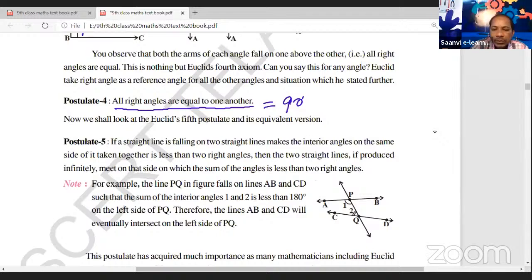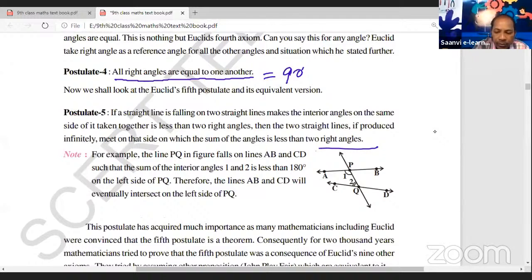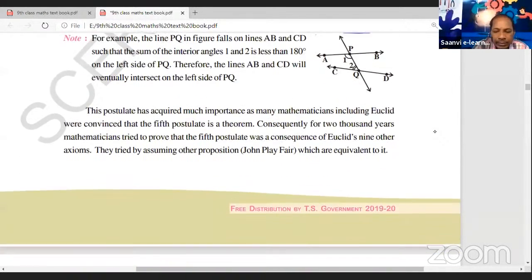So here two lines we have drawn and a transversal is drawn here. Two angles are made here, and these two angles are less than two right angles.